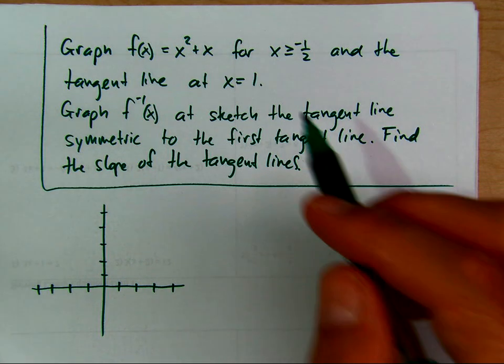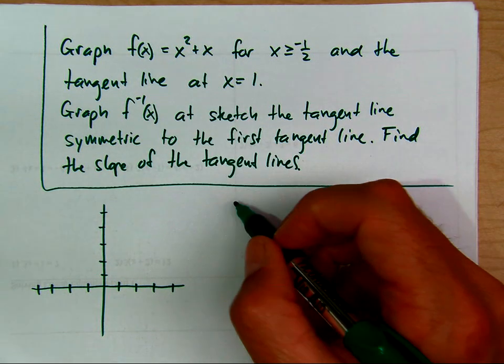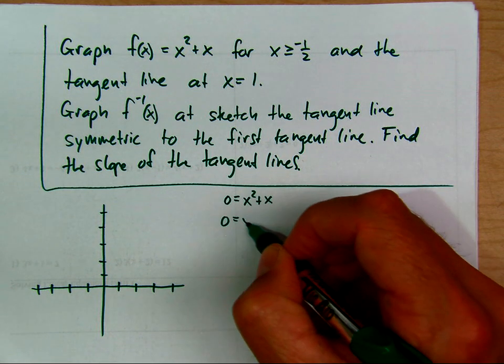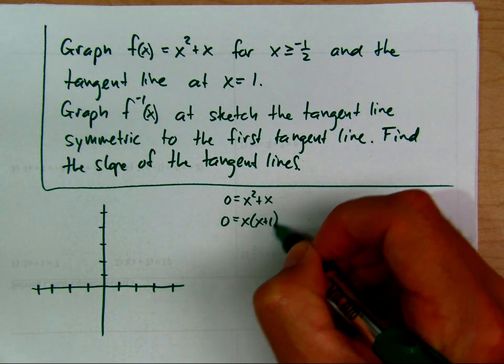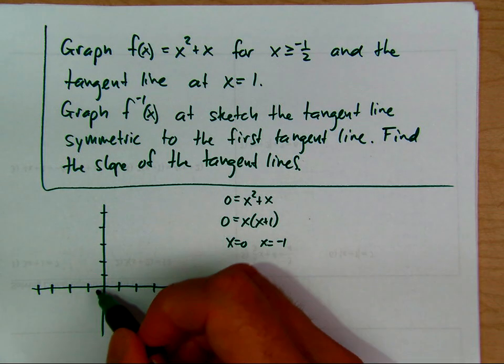Okay, so let's start with graphing this function. We know that its x-intercepts are (0, 0) and (-1, 0).